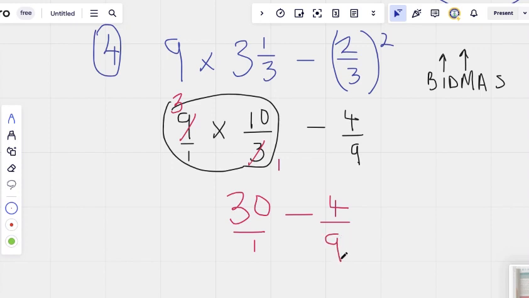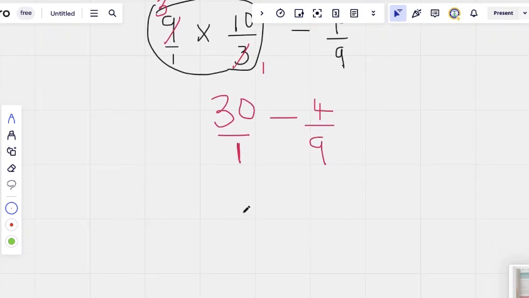So here now we have a subtraction of fractions. It's up to us. We can find the LCM, or we take the denominator of this, multiply here, and we take the denominator of this one to multiply here. So it's up to us which method we want to use.